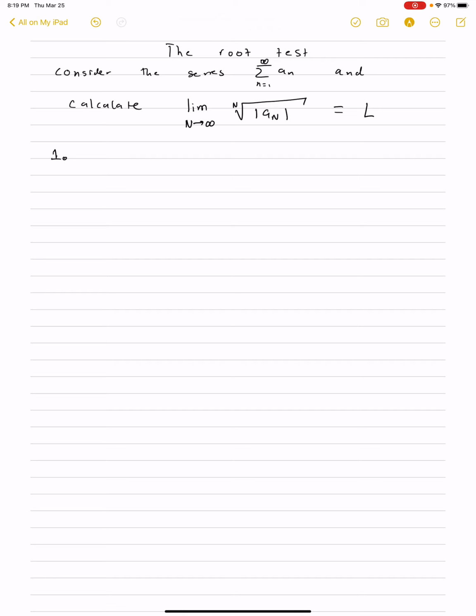Here's scenario 1. If L is less than 1, the series is absolutely convergent.